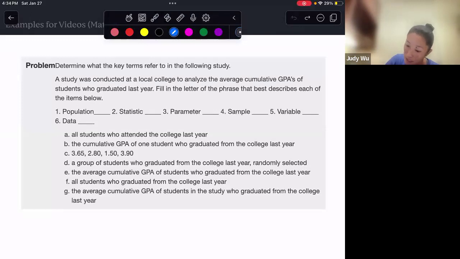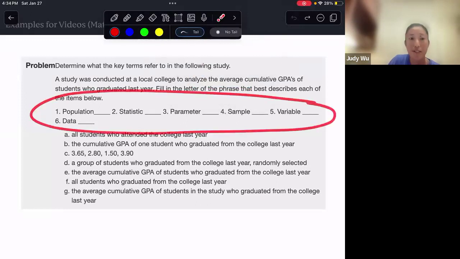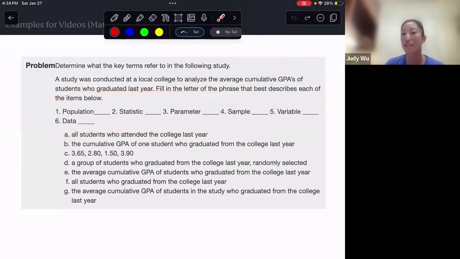We can see here that we have six terms that they are interested in: population, statistic, parameter, sample, variable, and data. I'm going to go in the same order that it's presented in section 1.1 of your textbook. It starts with the word population, so we're going to start there.